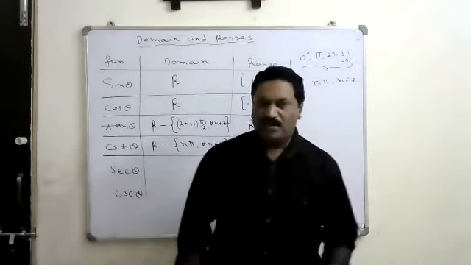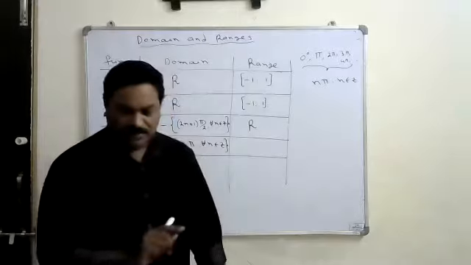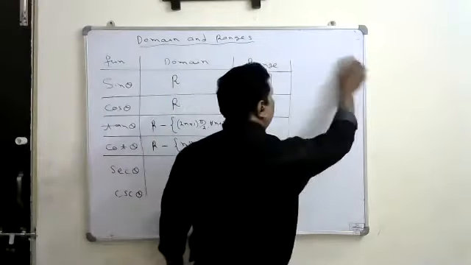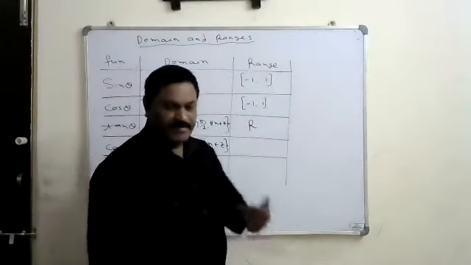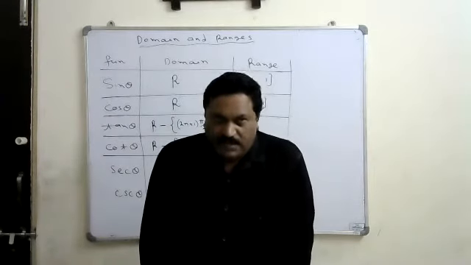What is the maximum value of cot theta? The cot value is plus infinity. The minimum value of cot is minus infinity, right?